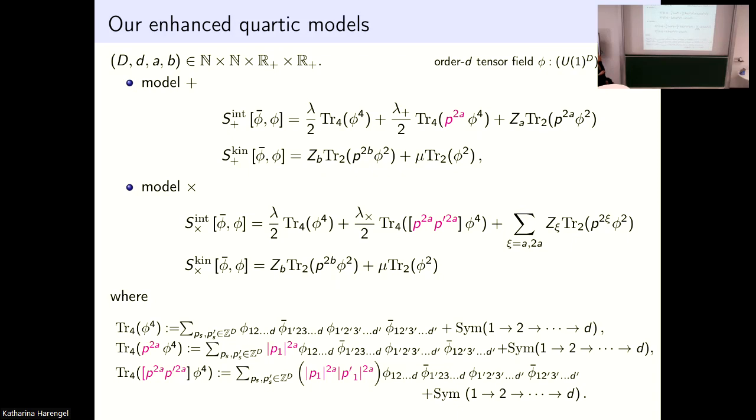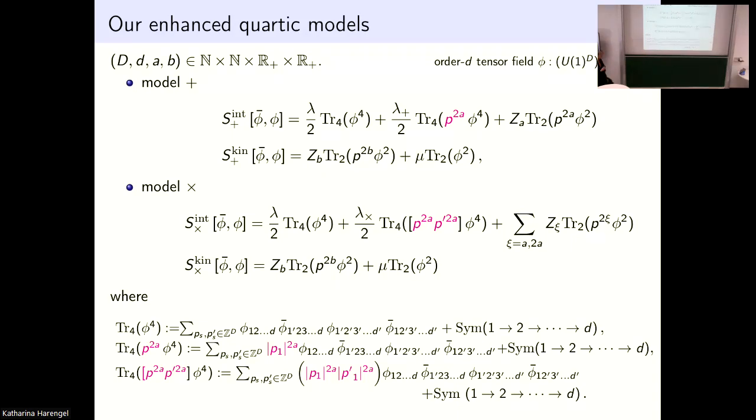And then the other one is the enhanced one, enhanced with extra powers of momenta basically, and it comes with the coupling lambda plus. And then I have the mass term, and also the normal kinetic propagator. And this term is there so that the model can be renormalizable.